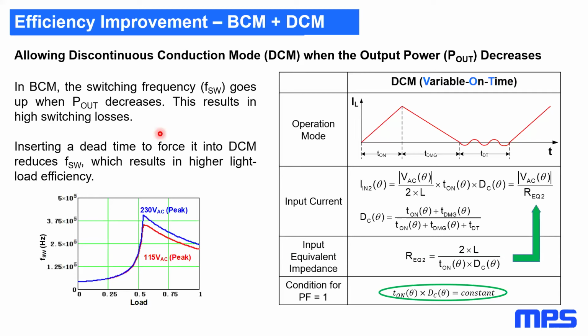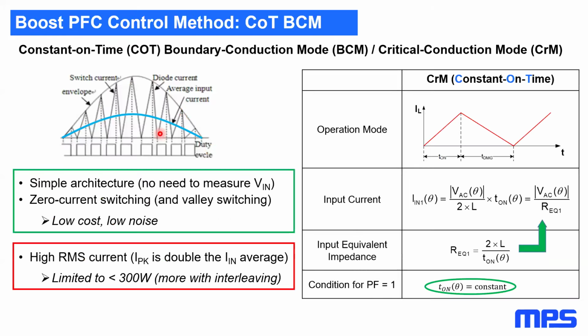So, for example, if we take the BCM or CRM mode, the first case that we discussed, to lower the power, of course, we will lower the peak current in the system. So the average is getting smaller and smaller, but still sinusoidal. The problem is, if you go back to that slide, that would be easier if I show you.